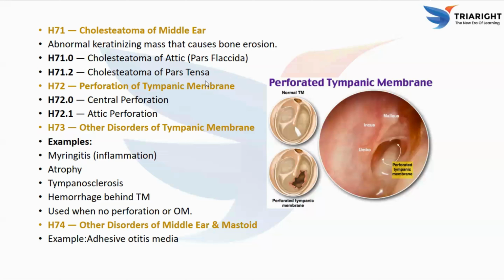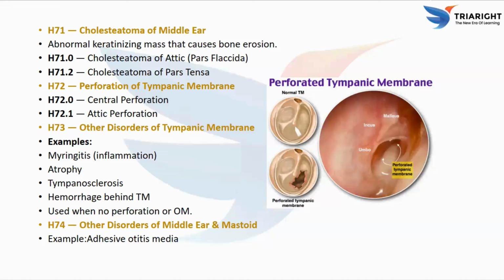Pars tensa is the larger and stiffer part of the eardrum, right? So cholesteatoma here is often due to TM perforation and infection. So next is H72. H72 describes perforation of the tympanic membrane. A tear or hole in the eardrum caused by infections or trauma and also sudden pressure changes. So what is the subcode? H72.0 for central perforation.